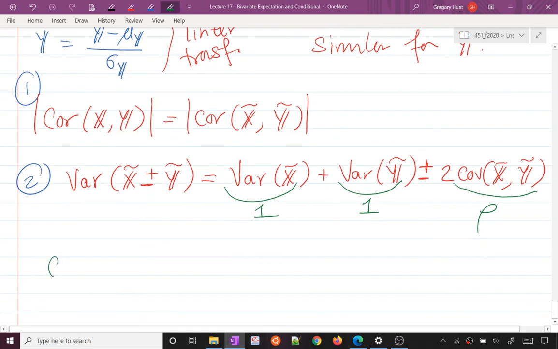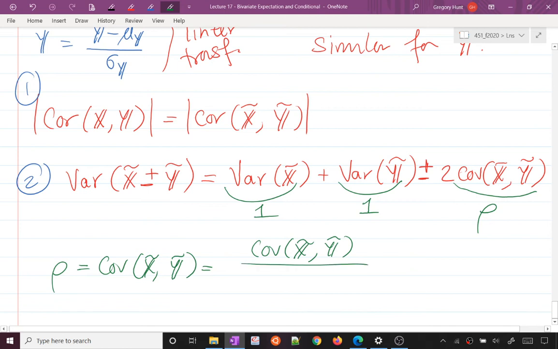Notice that rho is the covariance, but if I take the covariance and divide through by the square root of the variances of x and y, that is 1 times 1, that's equivalent, and that would be the correlation between x and y.